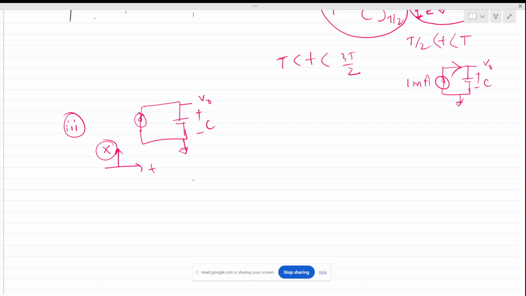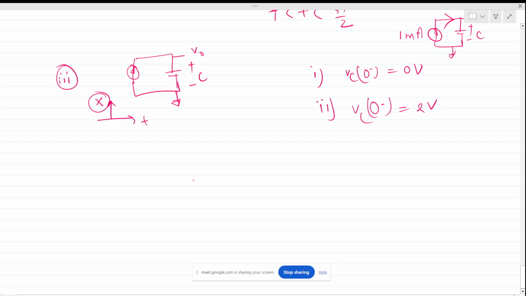Let's say two cases: when the capacitor is initially charged to 0 volt, and when the capacitor is charged to, let's say, 2 volt. We will try to plot the two voltages. We know that a capacitor integrates its current, the current flowing through the capacitor.